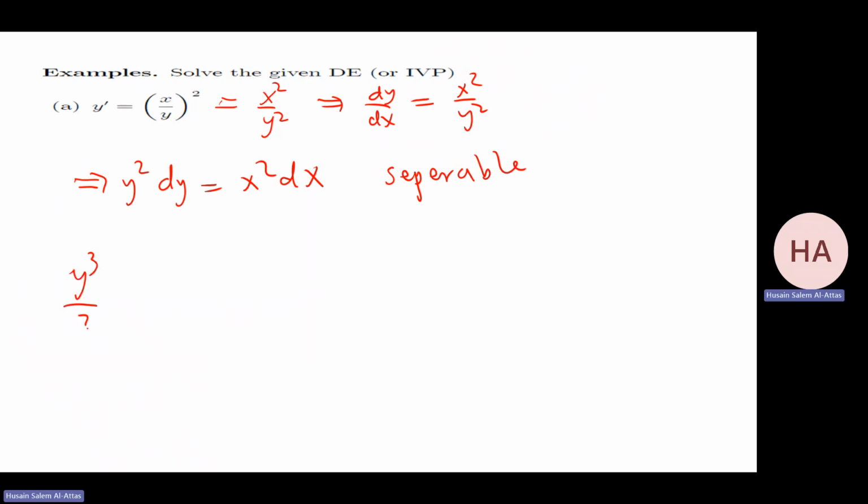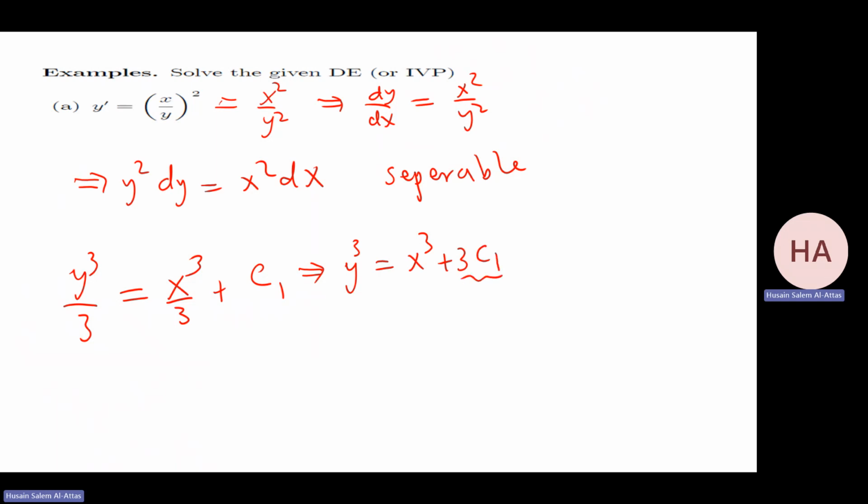I have y cubed over 3 equals x cubed over 3 plus a constant, c1, because I can write it in a different way. If you want an explicit solution, multiply by 3. So I have y cubed equals x cubed plus 3c1.